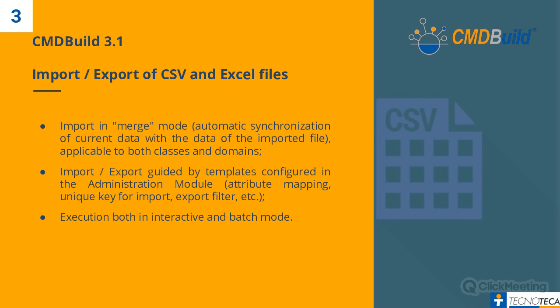Now you can import in a merge mode straight from your CSV or Excel files, and you will have all the data inside your CMDBuild database. You can also import both classes and domains.